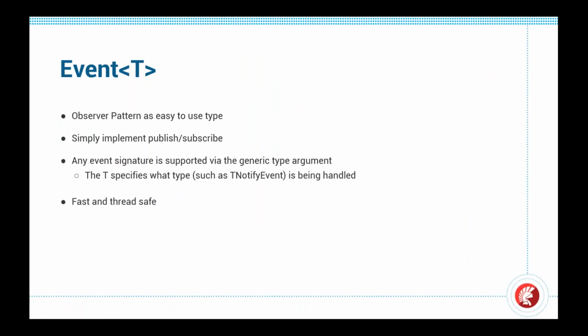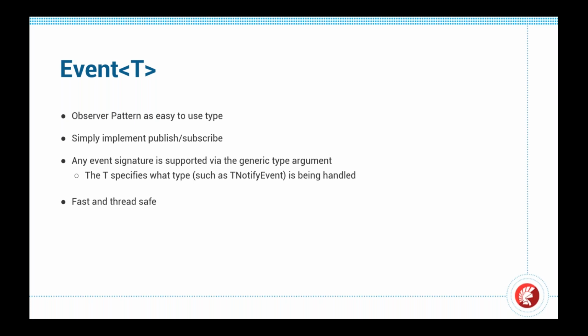So let's go to the event of T, which is also called a multicast event. It is similar to the observer pattern. Basically, it's the observer pattern as an easy-to-use type where you don't have to implement it yourself. You can simply implement publish-subscribe with it, similar to regular events we all know from Delphi.